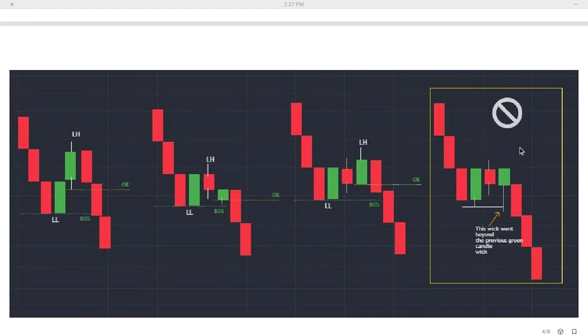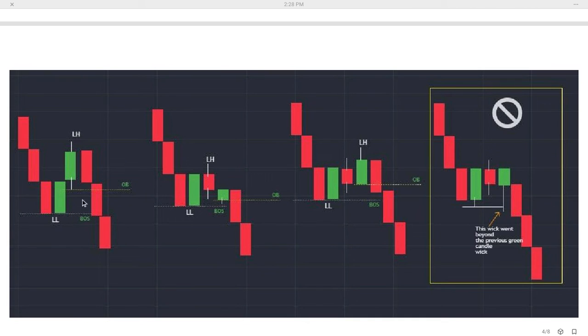A situation where this doesn't qualify as a break of structure is when we have, as you can see, the body of this bullish candle within this one, but the wick goes below the wick of this one. I've seen throughout my charts that whenever this happens, it doesn't create a valid lower high for me, because when I start taking trades from areas like this, looking at other confirmations on my list, most of the time the trade doesn't play out.